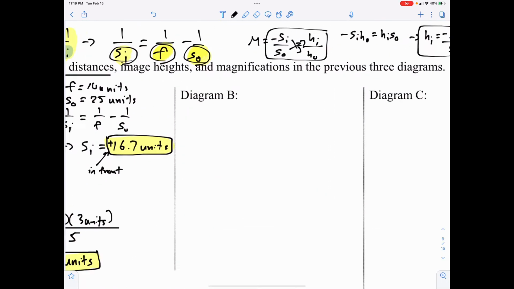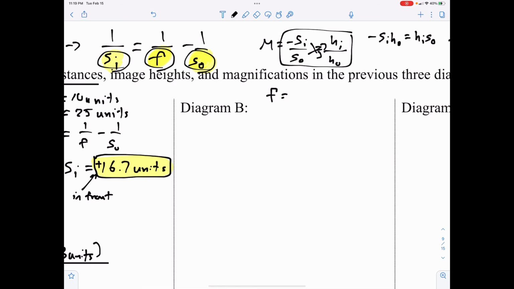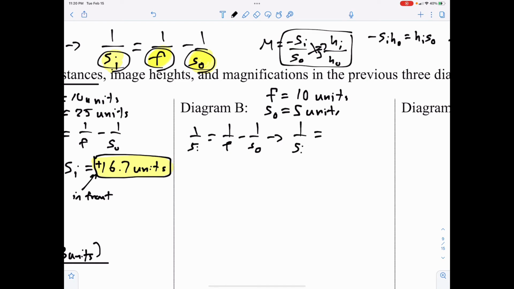So for diagram B, the focal length is still 10 units, but this time SO is 5 units. So we're going to go 1 over SI is equal to 1 over F minus 1 over SO. So 1 over SI is equal to 1 over 10 minus 1 over 5, or you're going to go 10 inverse minus 5 inverse.